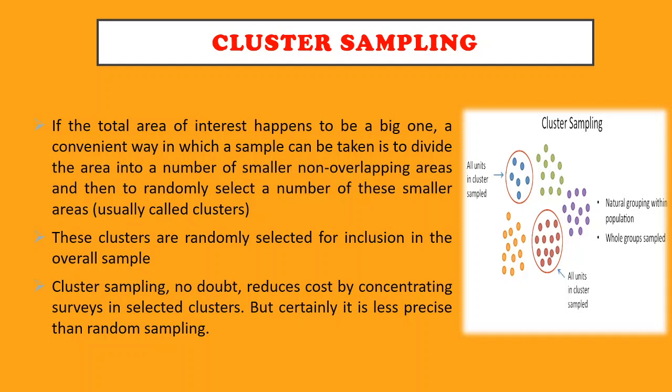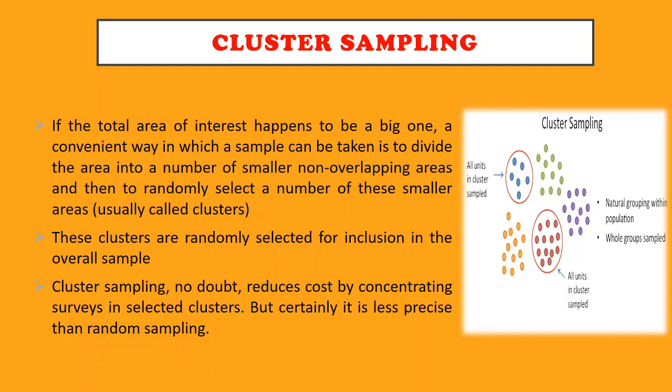So cluster sampling means the samples are selected from the population in groups. Each group is called a cluster, and the units in each cluster are heterogeneous, because we are selecting one group and forming it as a cluster, and the items within the cluster are heterogeneous, not homogeneous like in stratified sampling. For example, if we conduct a tribal survey, this is an example of cluster sampling.